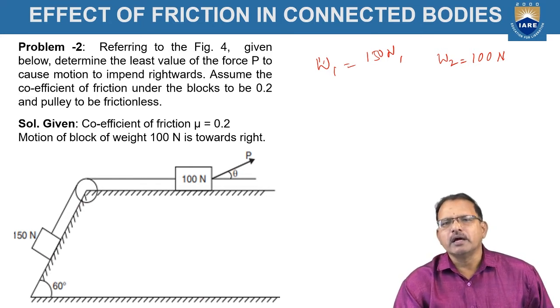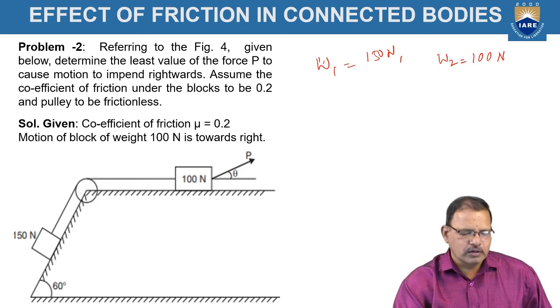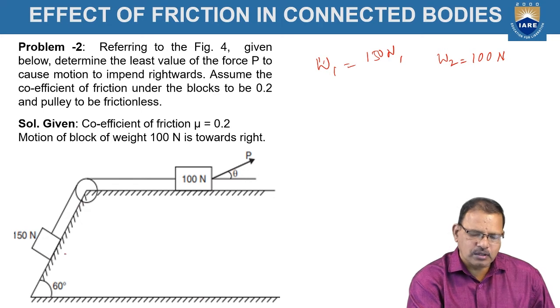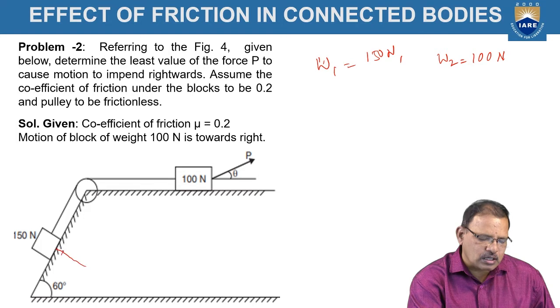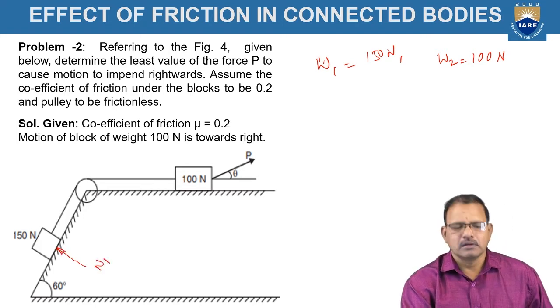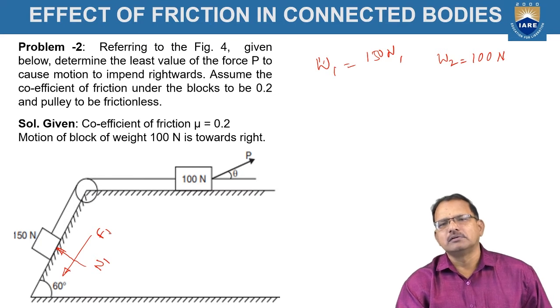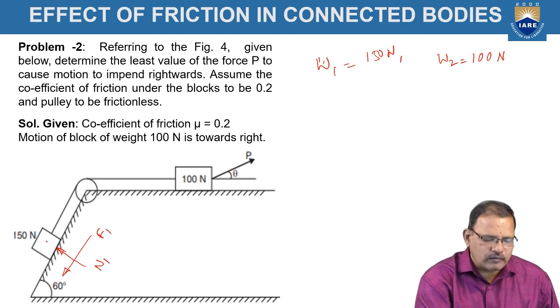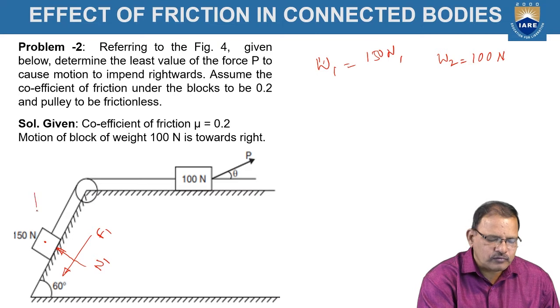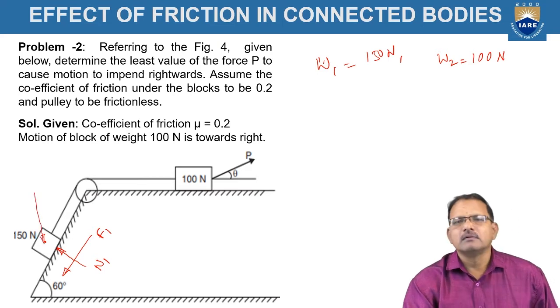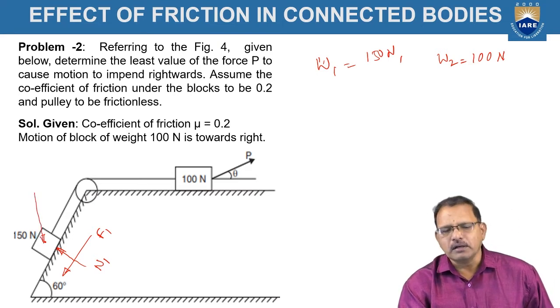When we draw the free body diagrams for W1 and W2, for W1, here for 150 newtons, this is the normal reaction, N1, and the frictional force is acting in the downward direction, F1. The weight always acts perpendicular to the ground plane.